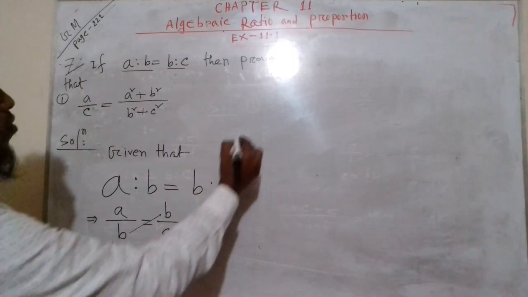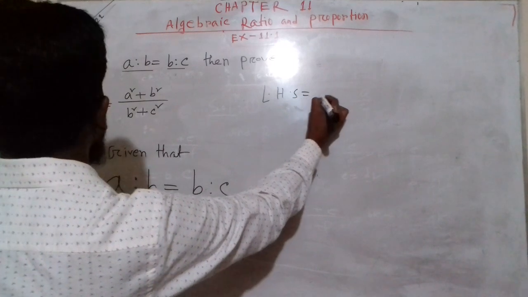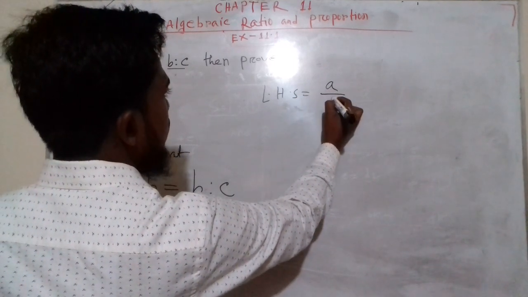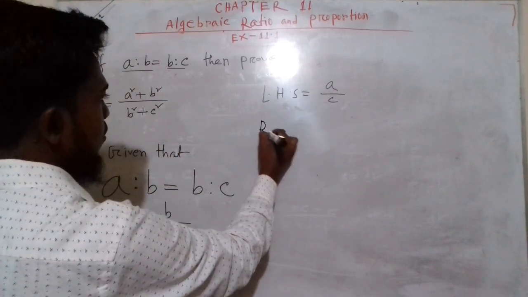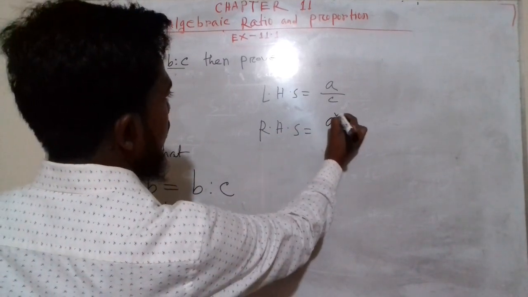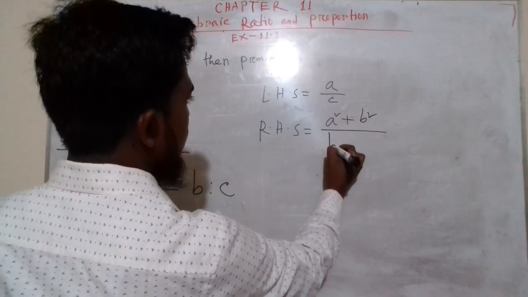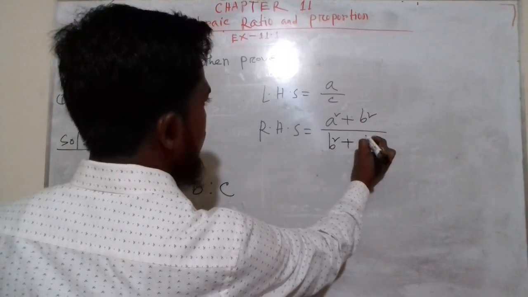So left hand side equal to A by C, and right hand side equal to A square plus B square divided by B square plus C square.